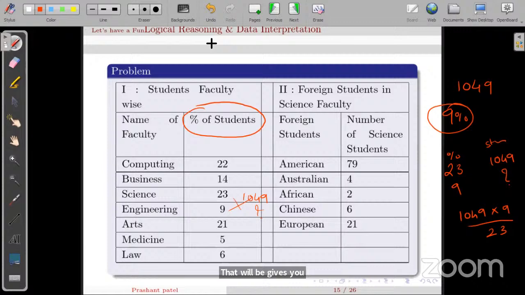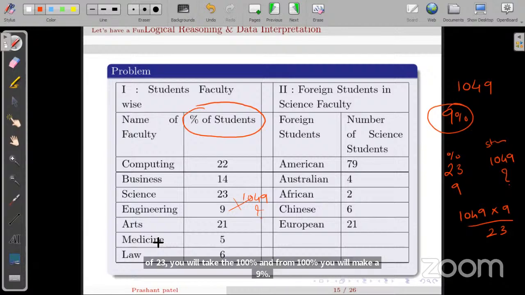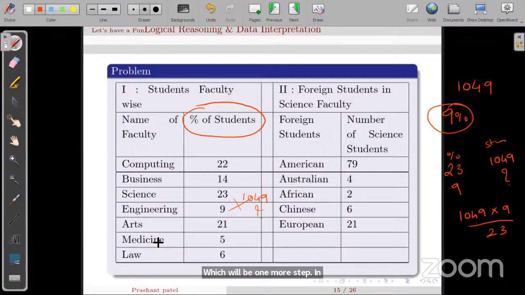First of all you can calculate the total number and then for out of 23 you will take the 100%, and from 100% you will make a 9%, which will be one more step in between. So एक आपका step बढ़ जाएगा. In this manner you will directly get the answer.